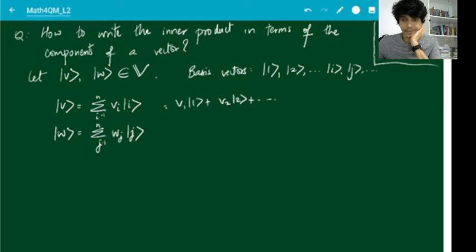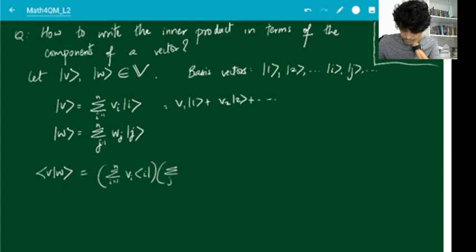So now if I want to write the inner product of V and W, V is summation over i, and what is a nice way to write this? So I will take this summation over i and over j.